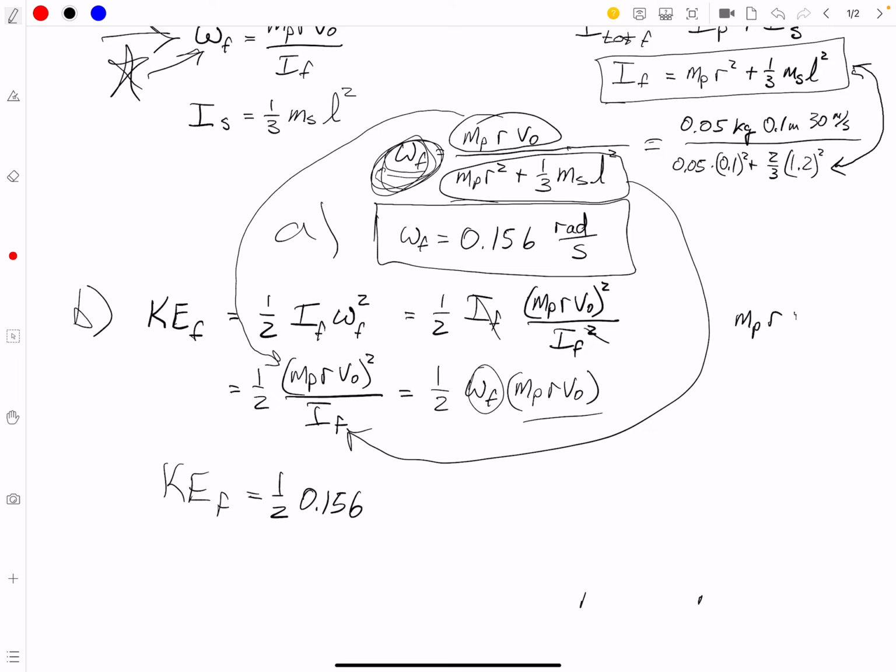MPRVO is equal to 0.05 times 0.1 times 30. That's 1.5 times 0.1, which would mean 0.15. So times 0.15.